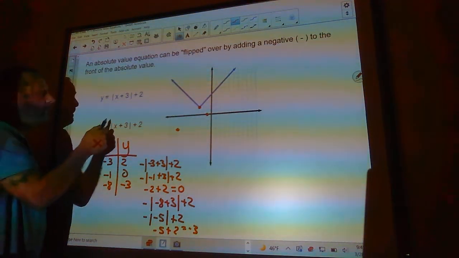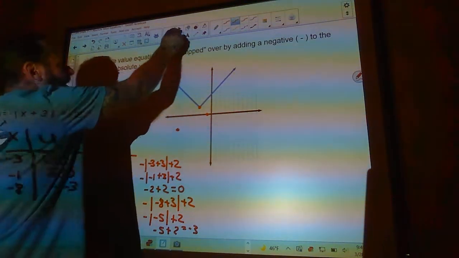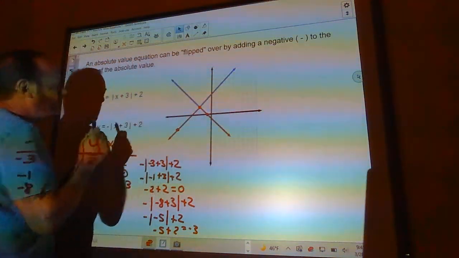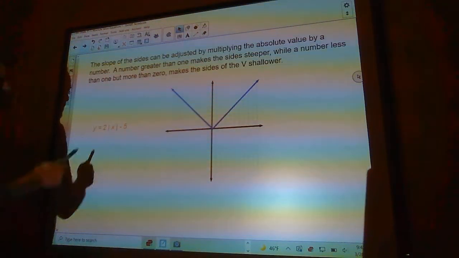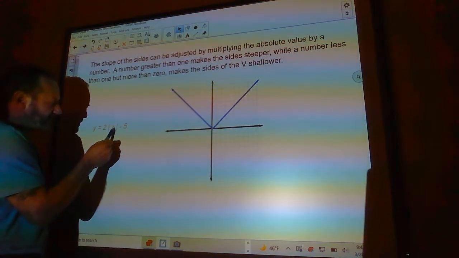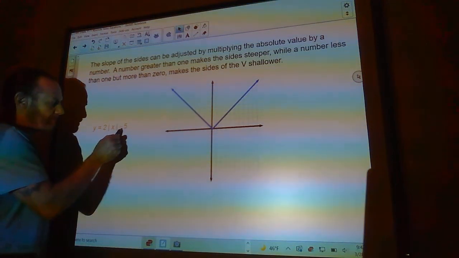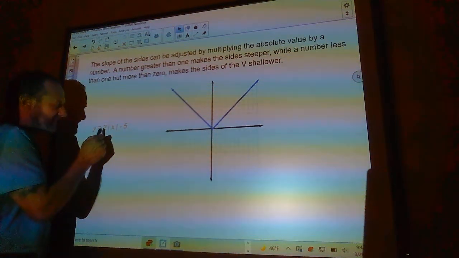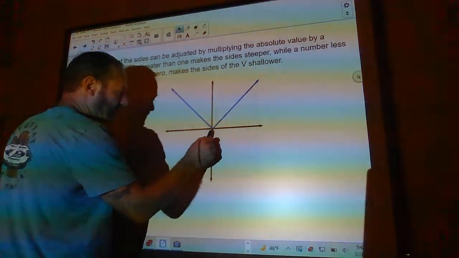There's really a 1 here, there's a negative 1 here. Here we've got a 2. So what this is going to do, my vertex is going to have an x-coordinate of 0. It's going to be moved down 5, but the sides are going to have a slope of 2. They're going to rise 2 and run 1. So it's going to look like this.